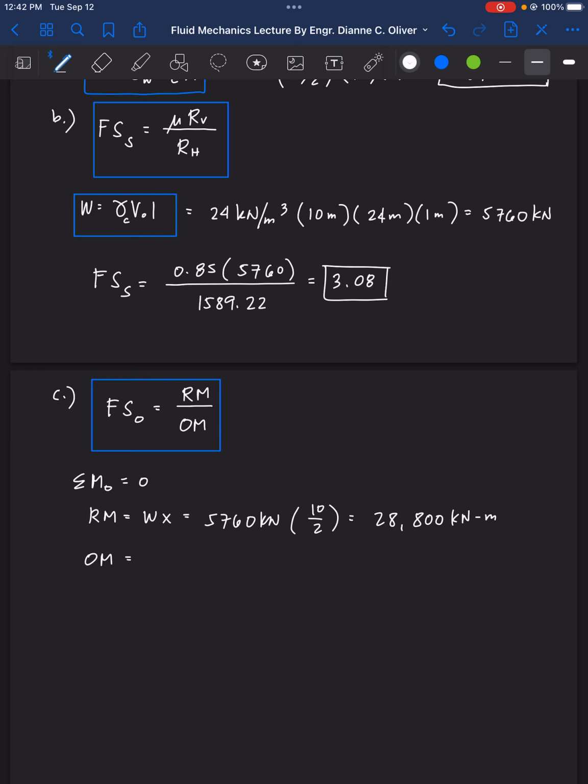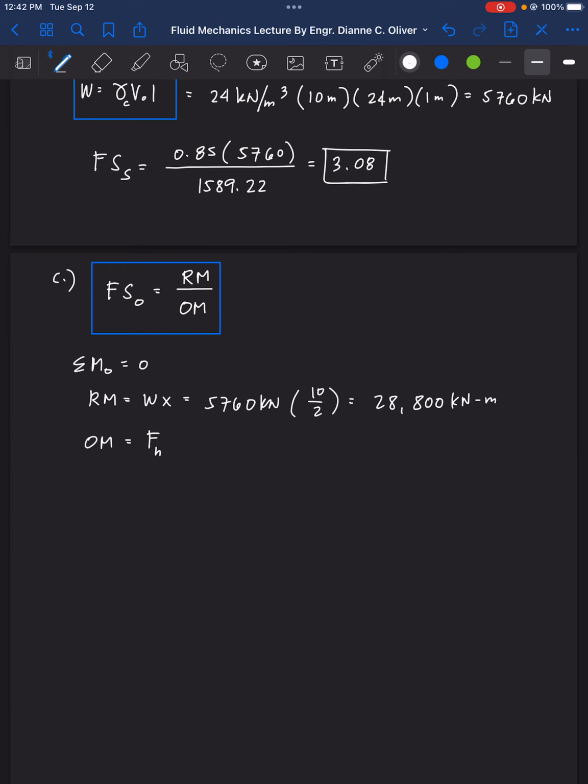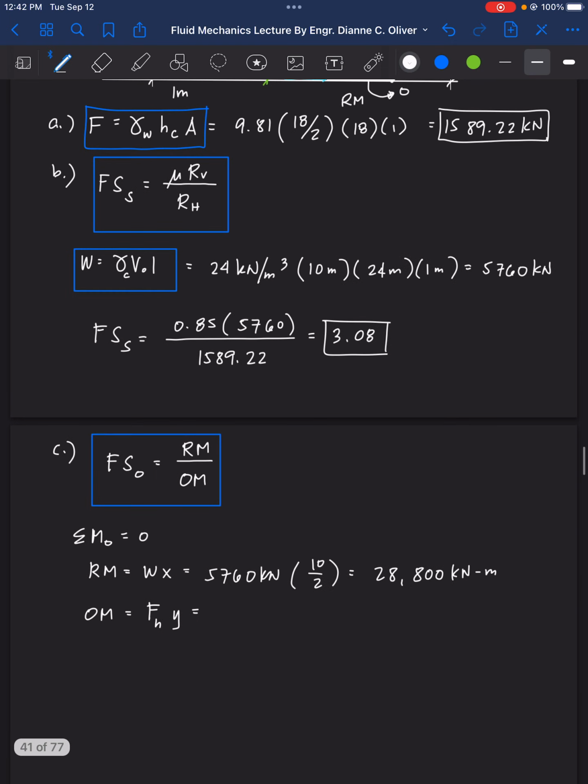Overturning moment, that is the force H times y. Force H is 1589.22 kilonewton multiplied with y.